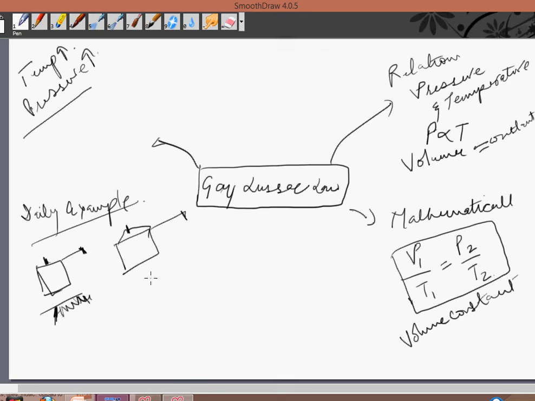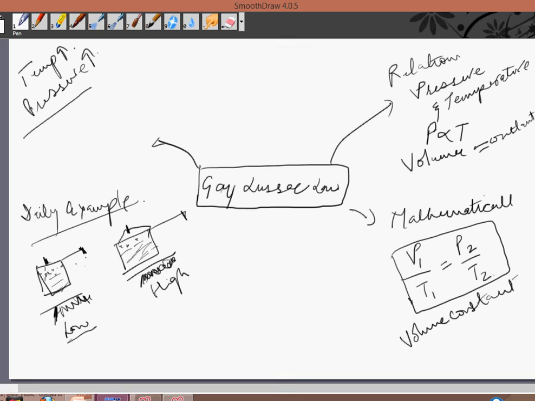This is a flame on the gas. Keep this flame on low and this one on high. There's some water and some gas molecules in it. Now what happens at this temperature?